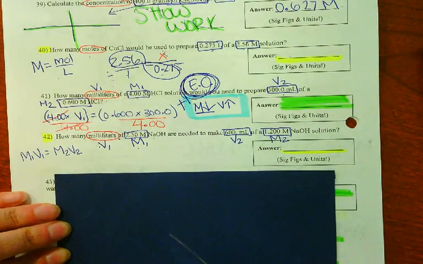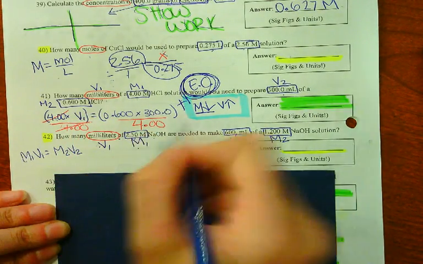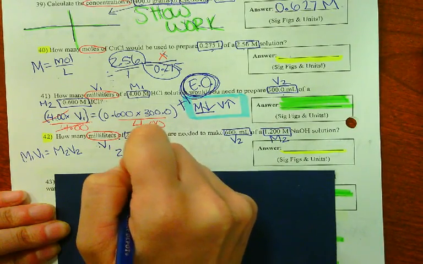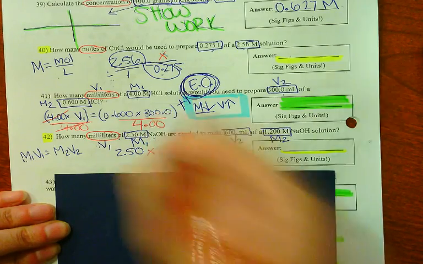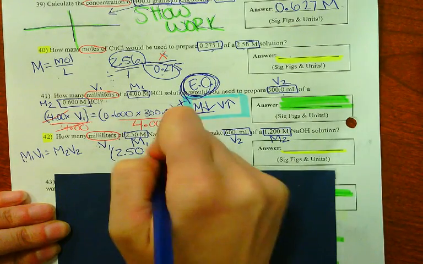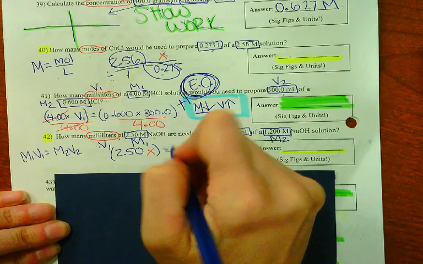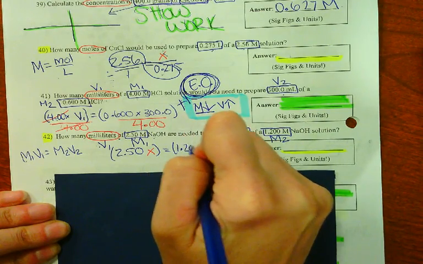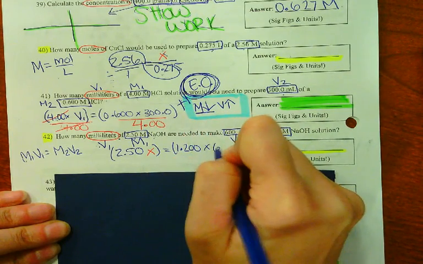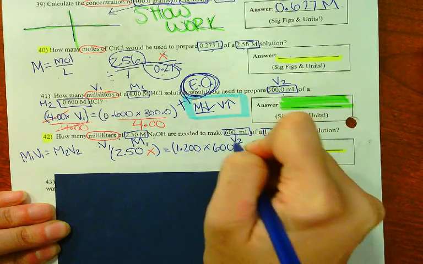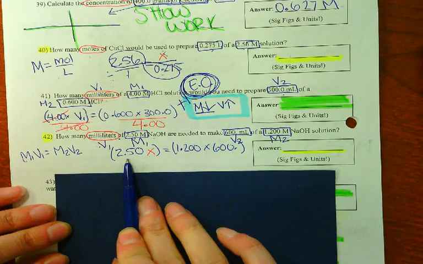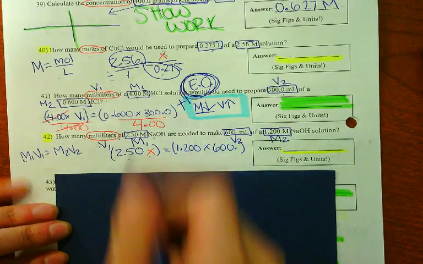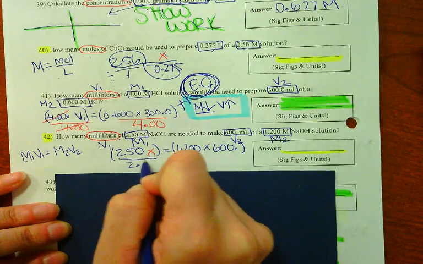And I can plug in what I know. I know M1, 2.50, and I'm going to say times X, okay, equals M2, 1.200 times 600. Okay. Now my answer is being multiplied by 2.5, so I have to do the opposite and divide by 2.5.